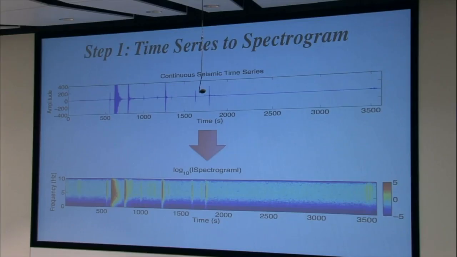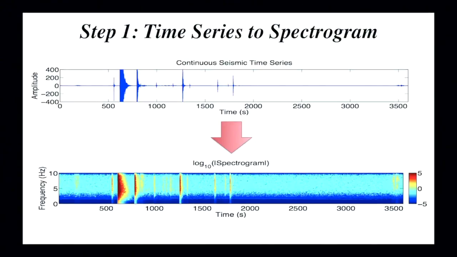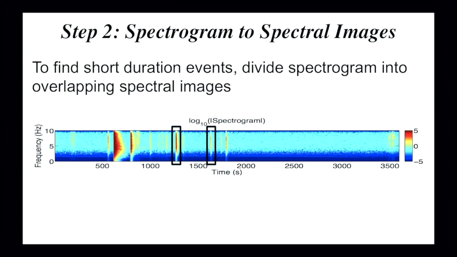So we take our initial time series that we're interested in detecting during. We form spectrograms, so frequency versus time. We discard the phase. We then window that spectrogram into overlapping spectral images. Typically, we use what's called a stride of 1 second.